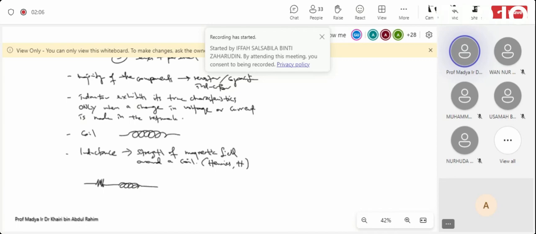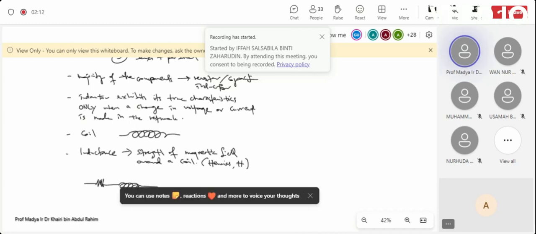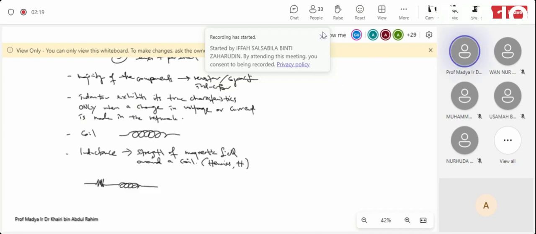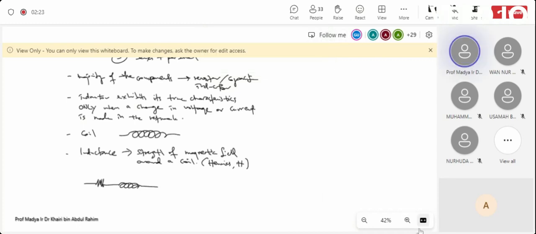Okay, so the definition uses a simpler explanation of inductors. So the main thing is on this induced voltage.